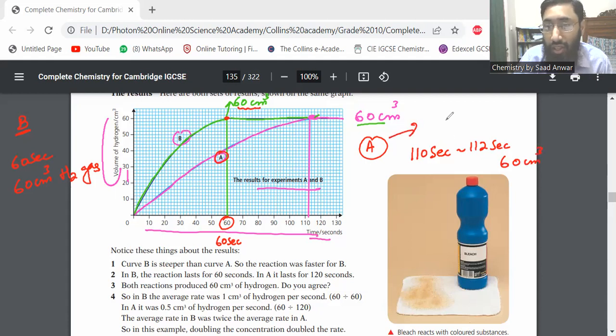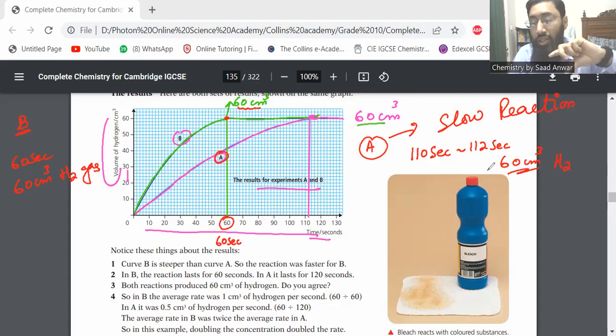It means reaction A is a slow reaction, the rate of this reaction is slow. To produce 60 cubic centimeter of hydrogen, it is taking 112 seconds. And reaction B is fast. To produce 60 cubic centimeter of hydrogen gas, it is taking 60 seconds.